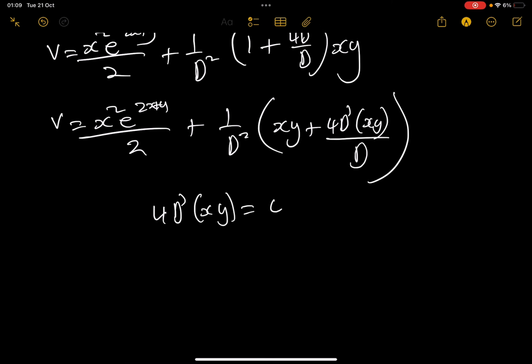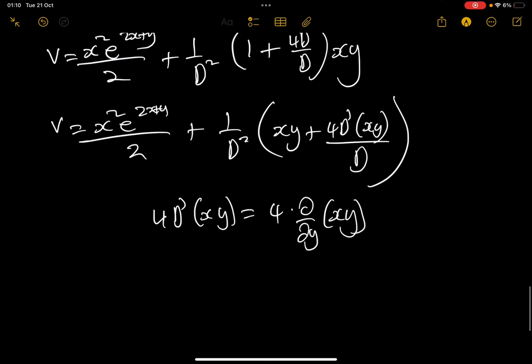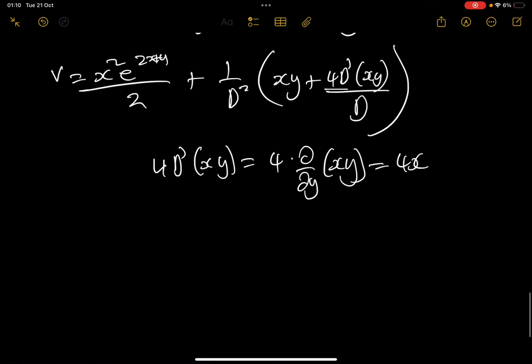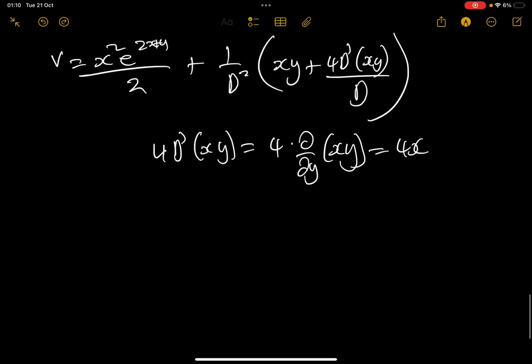What is this? It's the same thing as 4 times d/dy of xy. Remember, I stated that in the beginning of the video, so this is going to be 4x. So here we can just write 4x, right?